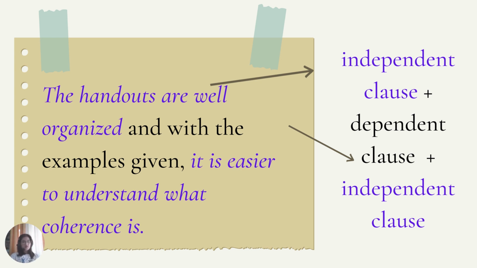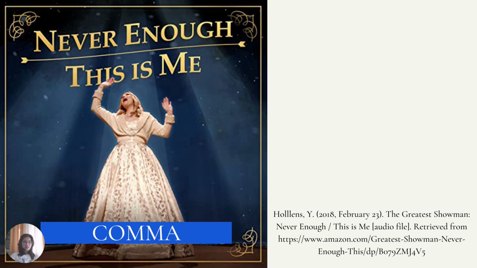Okay, so remember, it's never enough. You want me to sing? Never, never enough. So please don't let me sing. To remind you that a comma is never enough, or a coordinating conjunction is not enough. You need to put them together.